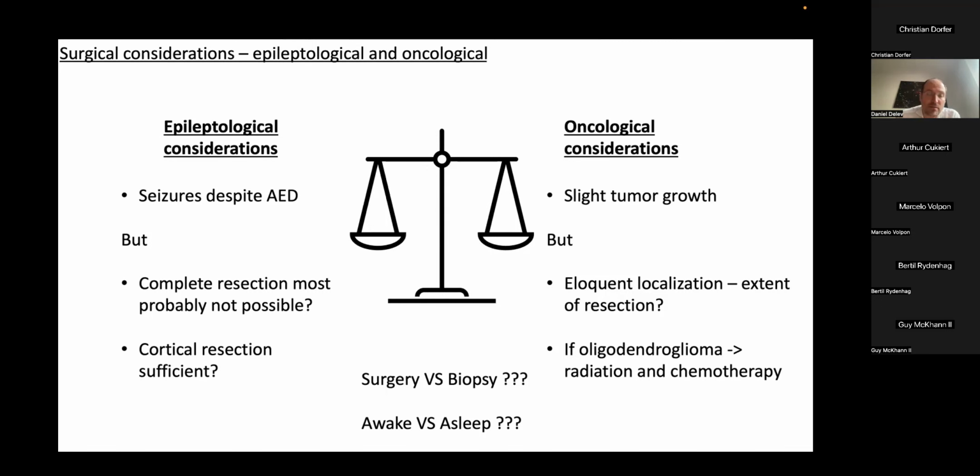But of course, on the other side, it's an epilepsy patient, so we have maybe an increased risk of an intraoperative seizure. I would really like to know your opinion about that. And of course, doing it asleep would be a little bit more difficult, as we would have to go only on anatomical criteria.